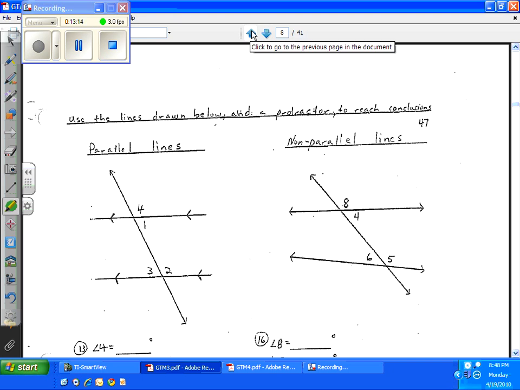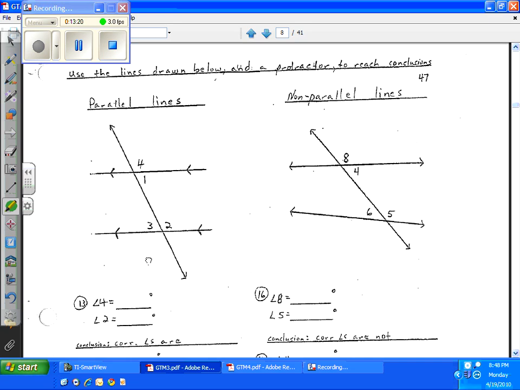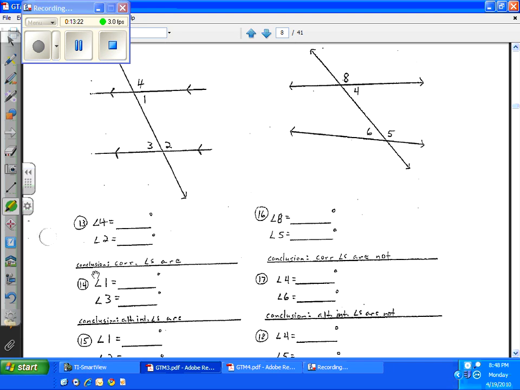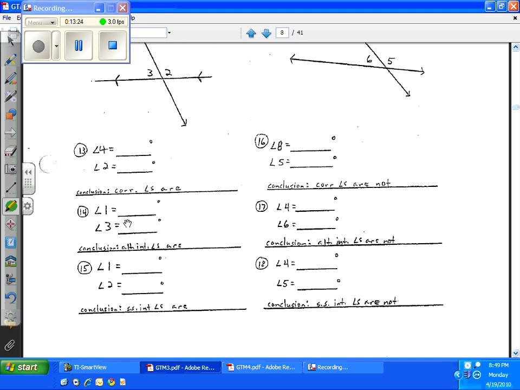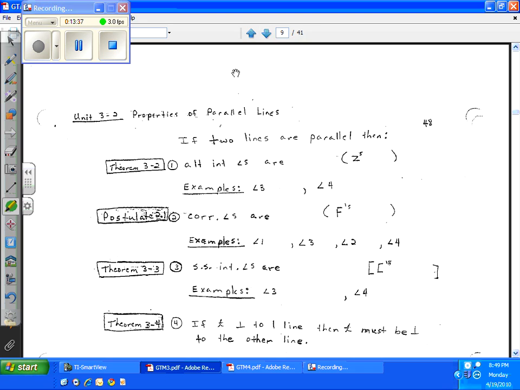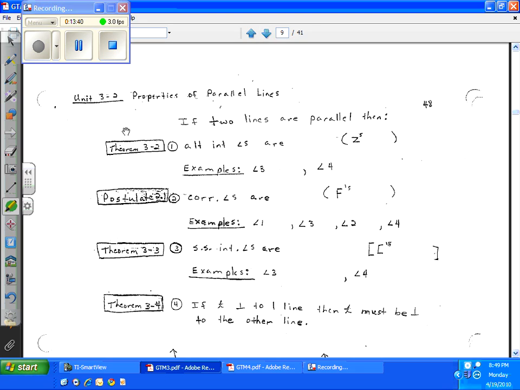And so in the last part of the homework in Unit 3.1, we have some construction method of discovering that corresponding angles are equal, alternate interior angles are equal, and same side interior angles are supplementary. After using a protractor and discovering it, then we will say, well, here's a rule.